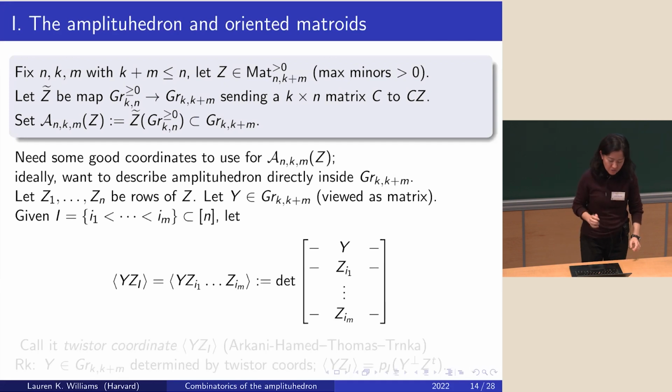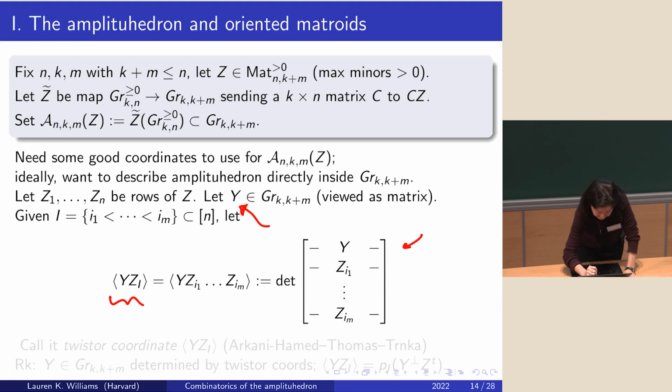And now I'm defining a coordinate. This Y I'm thinking of as possibly an element of an amplituhedron, but it doesn't need to be. Then I define the coordinate YZI as follows. I take my matrix Y, a K by K plus M matrix, that's the top part.